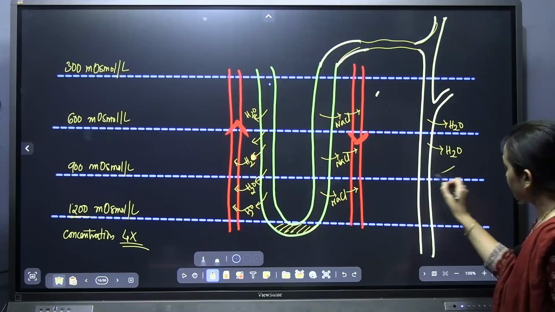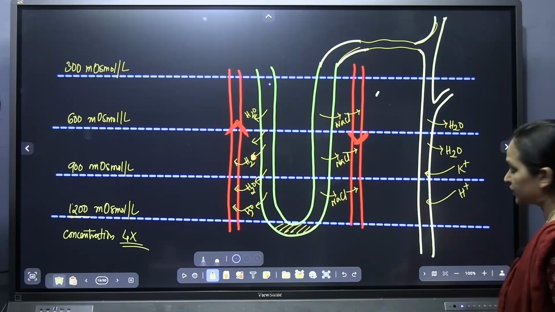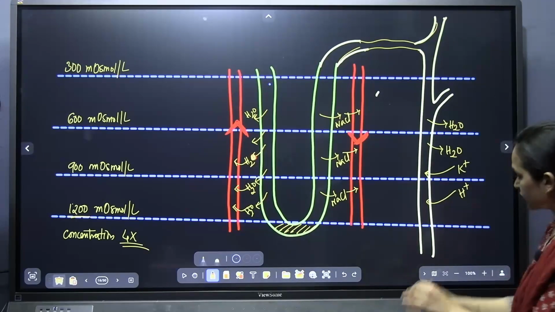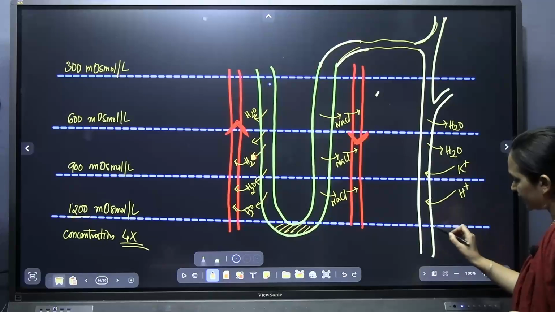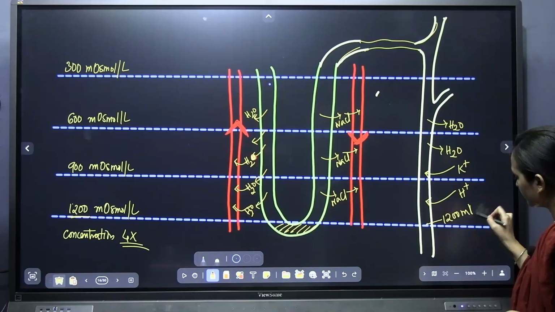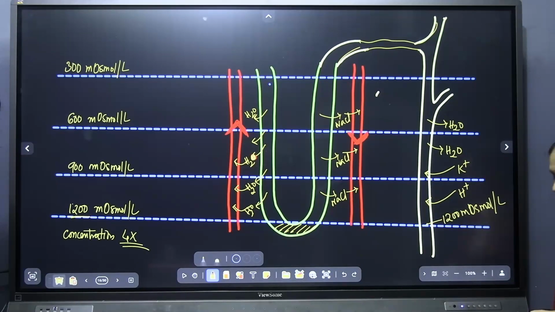Again you are adding K plus, again you are adding H plus, which again increases the concentration. The solute concentration is increasing only here, and at the end it will again be 1200 milliosmol per liter.